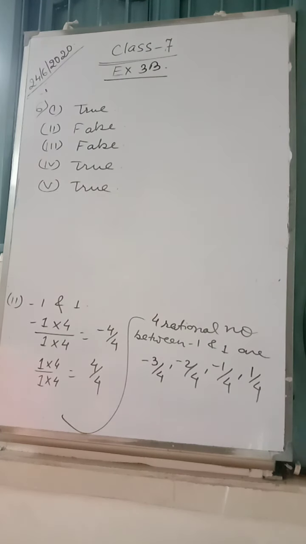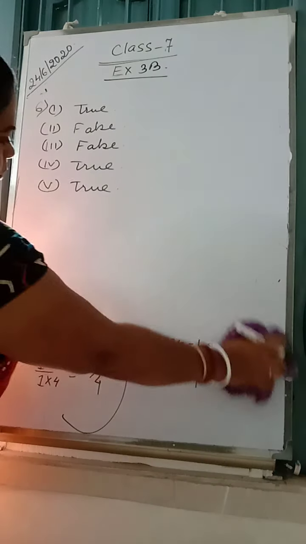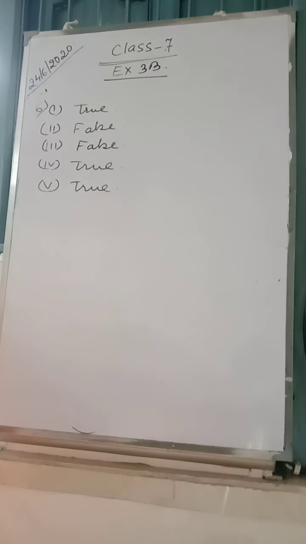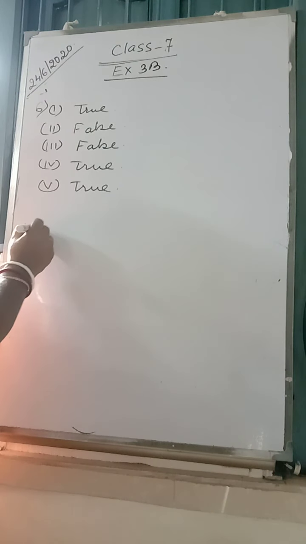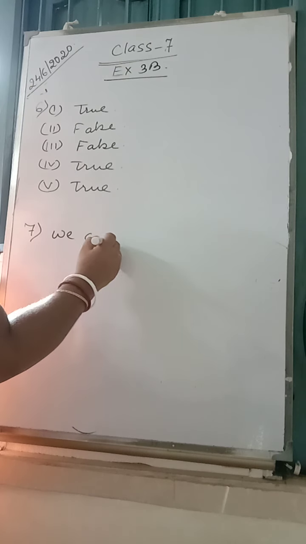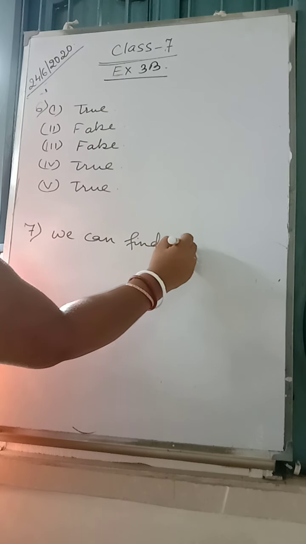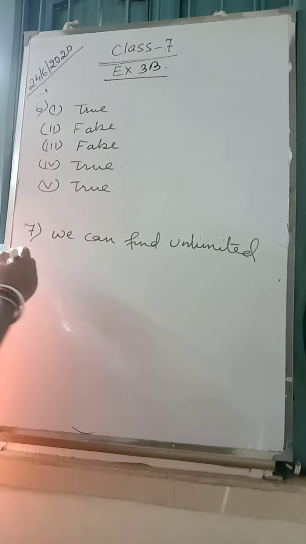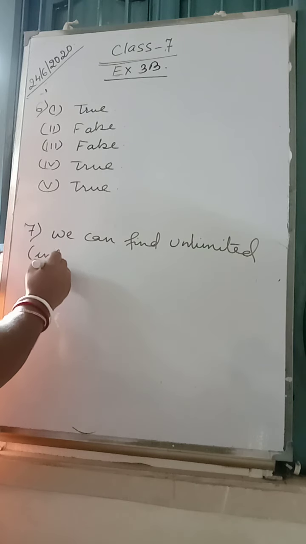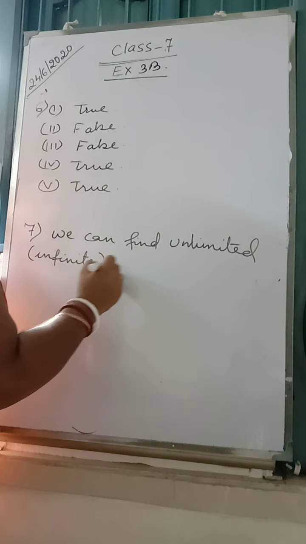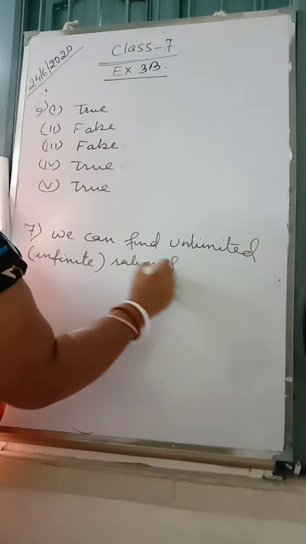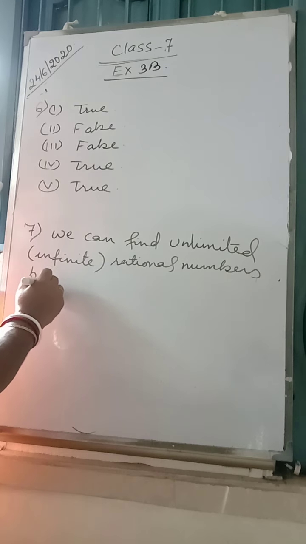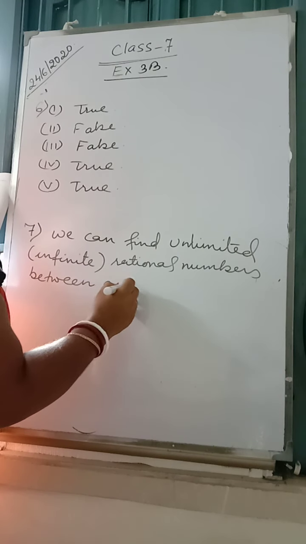You can write in question number 7: we can find unlimited or infinite rational numbers between any two rational numbers.